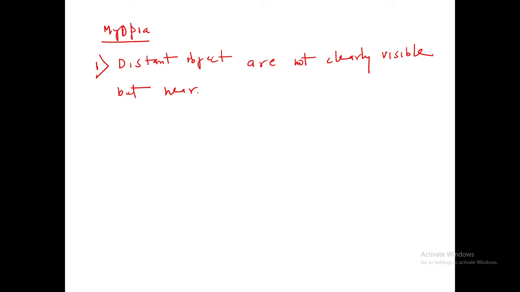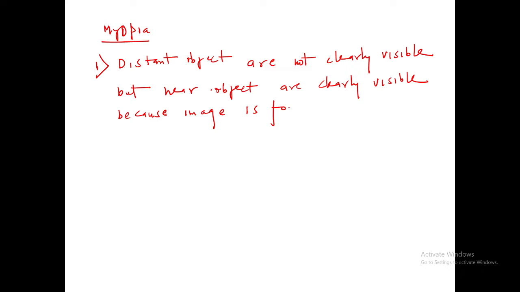But near objects are clearly visible. Because the image is formed before the retina.